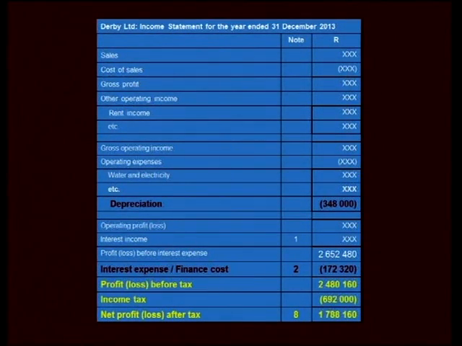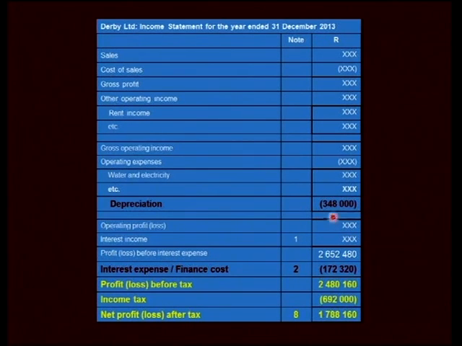Have a look at this slide again. I have net profit before tax of 2,480,000, but interest was deducted. So before I deducted the interest, it would have been 2,652,480, and I really want to know what that figure looked like before I've deducted the interest and before I've deducted the depreciation, for two different reasons.